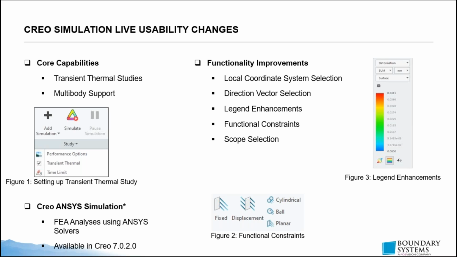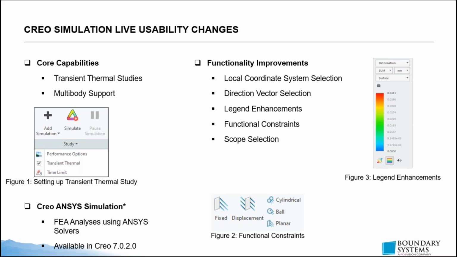They added support for multibody inside of Creo Simulation Live. Also some functionality improvements, in terms of the ability to select a local coordinate system and manipulate the direction vector, as well as some legend enhancements. And then there's also scope selection, which allows you to define your simulation scope.